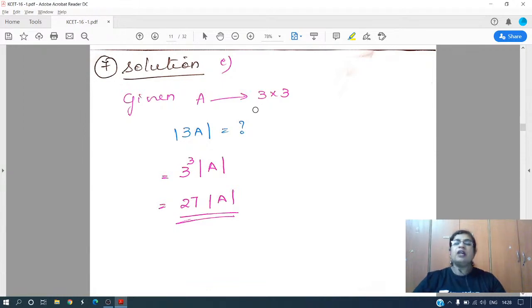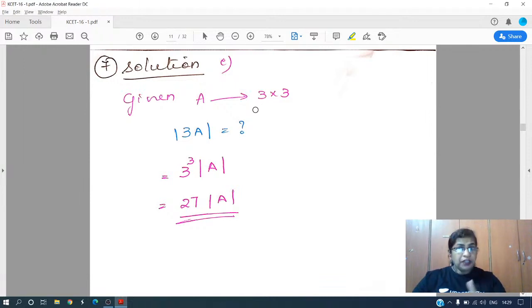If you have a constant, for example, determinant of k into A, and that constant is coming outside, then you have to check how many rows or columns that matrix has. Determinants exist only for a square matrix. So suppose there are n rows and columns, the order is n.